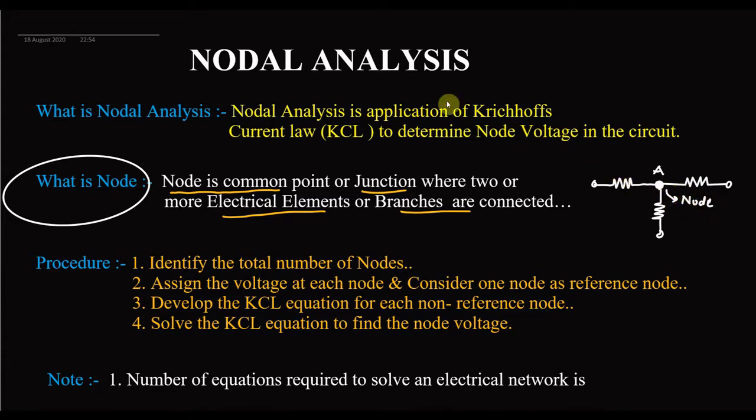You can see that there are these three resistances R1, R2, R3, or you can say this is the first branch, this is the second branch, and this is the third branch. All these three branches are connected to a common point, and the name I have given to that common point is A, which is actually called the node.